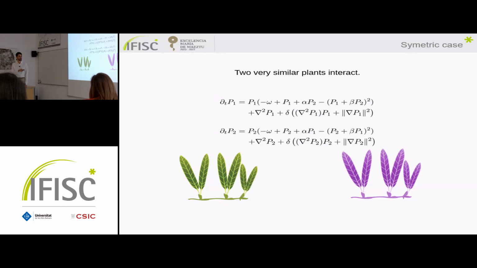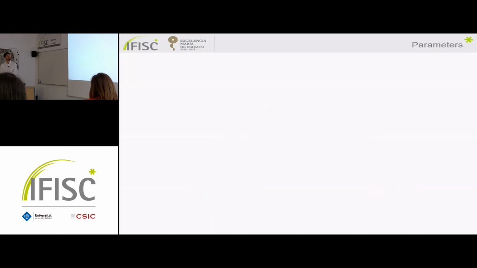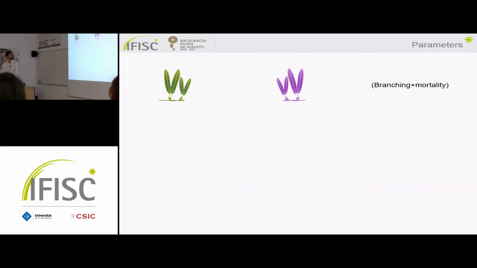After nondimensionalization, we have just three local parameters here. First of them is the branching and mortality, that is given by the parameter omega.